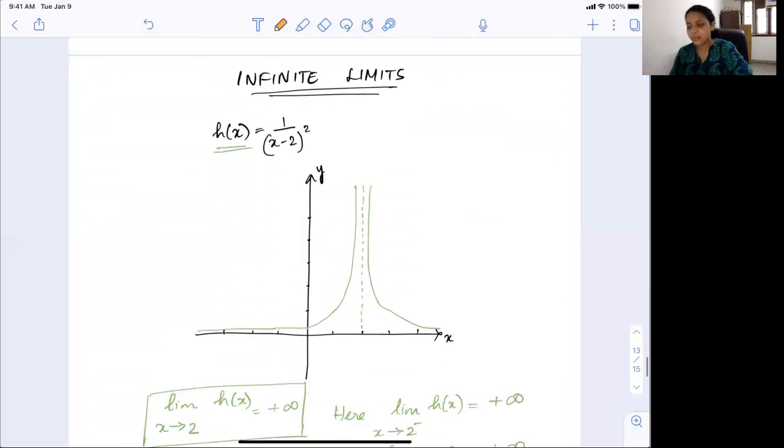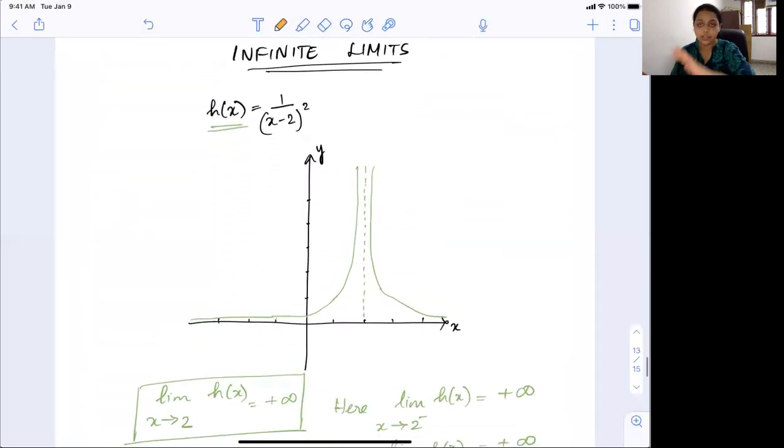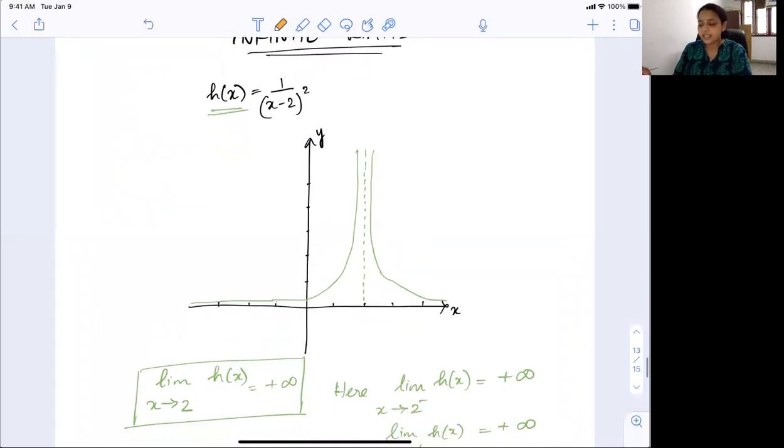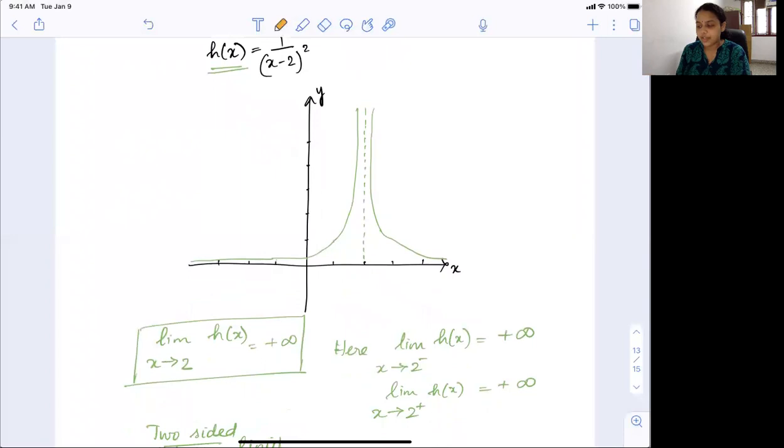And in this example, where we had an h of x function, which we saw earlier on in the first video, let's try and find the limit of h of x as we approach 2 from the left-hand side. As we approach 2 from that direction, h of x is tending towards plus infinity.